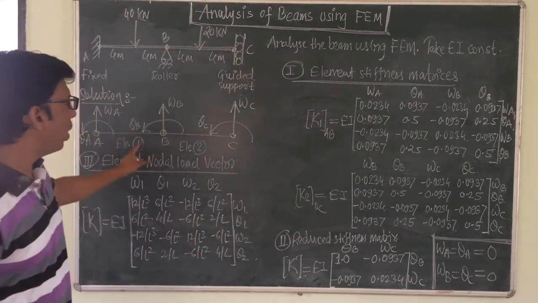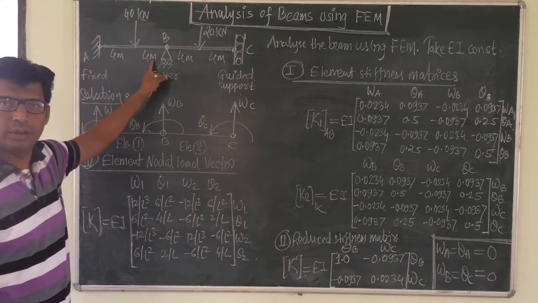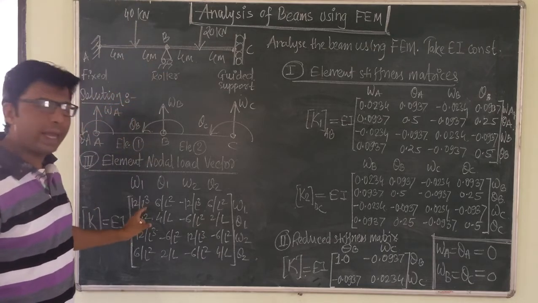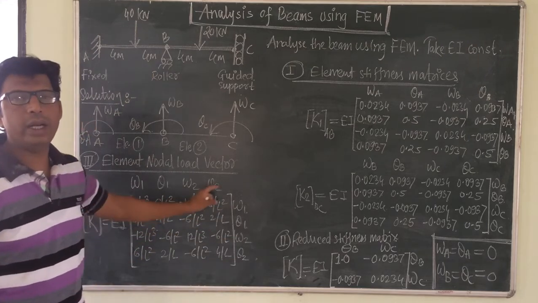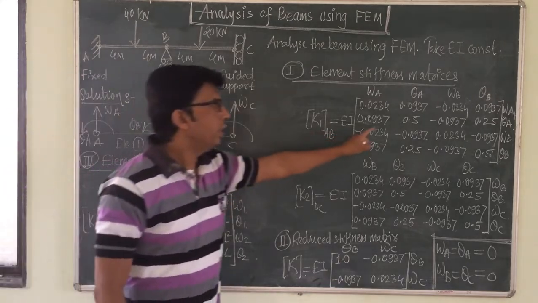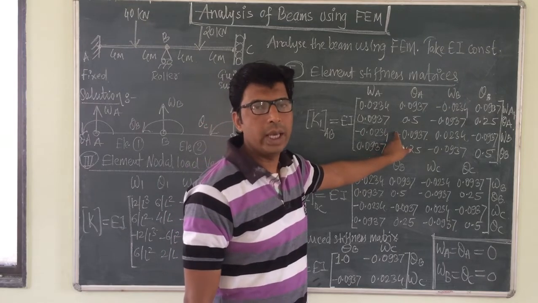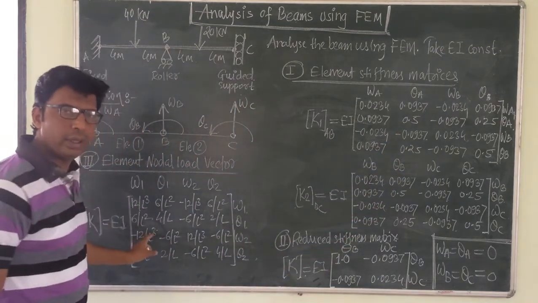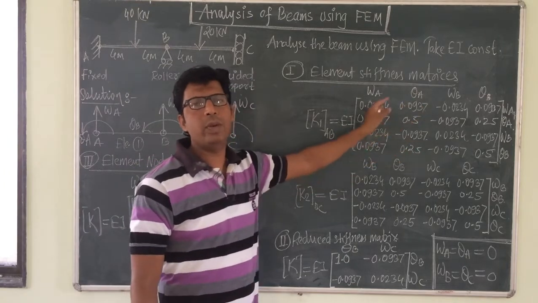For element number 1, L is equal to 4 plus 4, 8 meter. If you substitute L equal to 8 in all elements and calculate them, this will be K1.